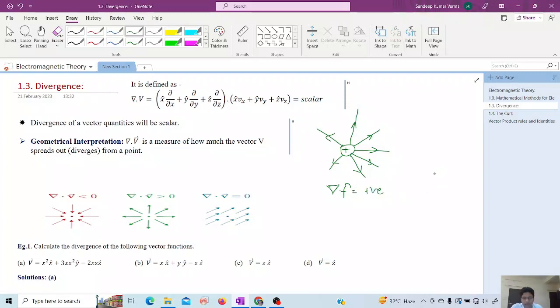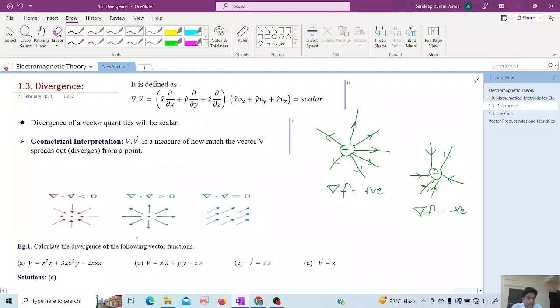Similarly, for negative charges, the electric lines come towards the negative charge like this. So the divergence of this will be negative. Here we can see in the figure: for negative charge the divergence is negative, and for positive charge the lines go outward.